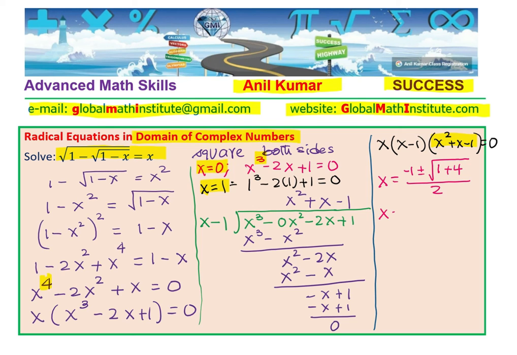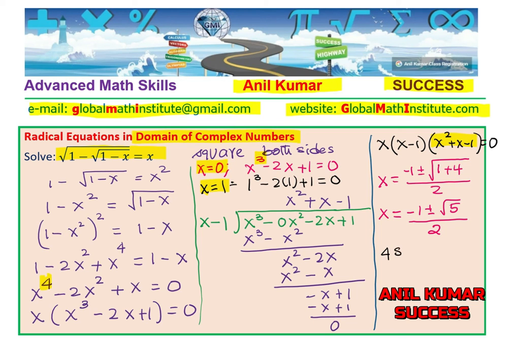That gives us x equals minus 1 plus or minus square root of 5 over 2. Do you see that? So we have four solutions, correct?